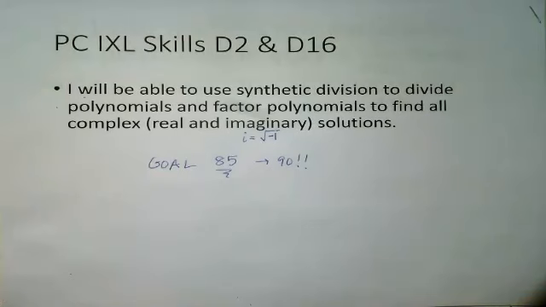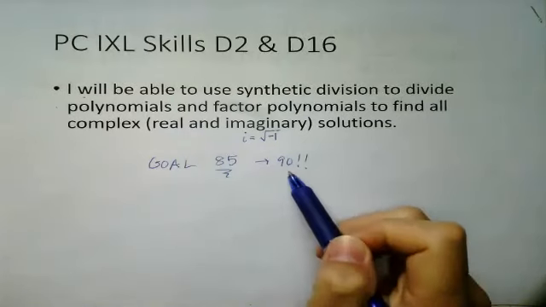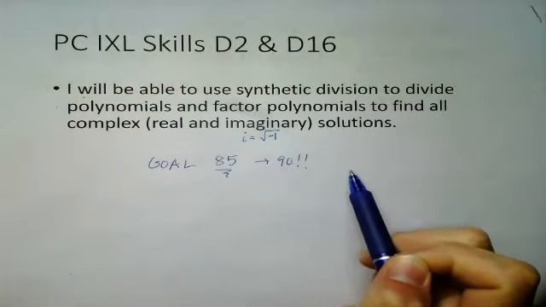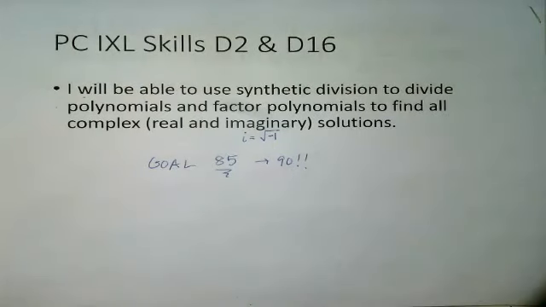But I hope that you end up somewhere around 85, and you can stop whenever. If you need to take a break, you can close the program and reopen it and pick up right where you left off. Once you get that and you're comfortable with your score, then you can stop. I do not expect you to spend hours and hours trying to get 100 on these skills. Beyond 90, it gets quite challenging. We're talking challenges-your-teacher challenging, and that's really just not necessary for your success in life, okay?